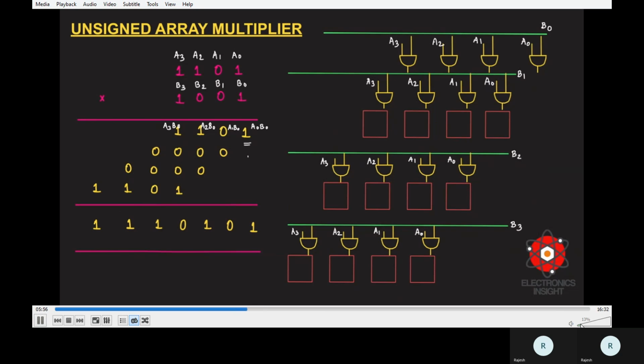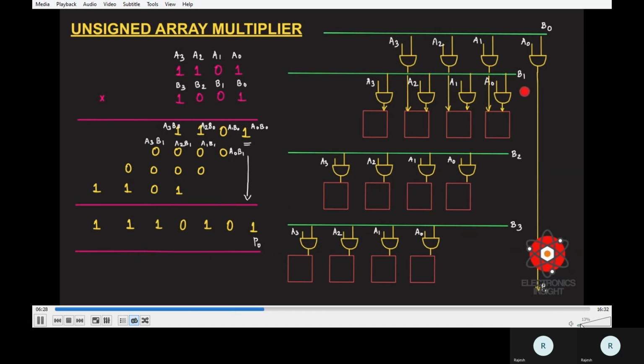A3, A2, A1, A0, B3, B2, B1, B0 are the multiplicand and multiplier, which are multiplied, and each of the partial products are written, and each partial product is represented with one value, like A0 B0 is 1 here. So when you multiply 1 and 1, you are going to get 1. So A0 B0, then A1 B0, then A0 B1, like that we are writing all the rows.